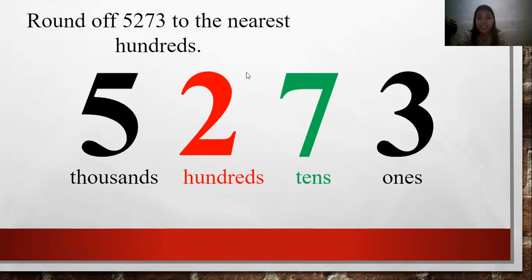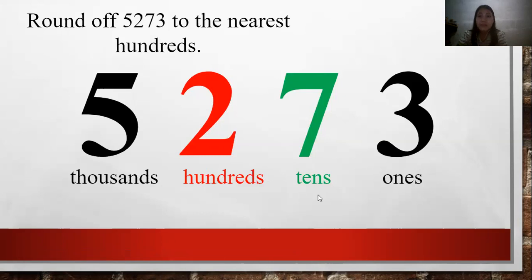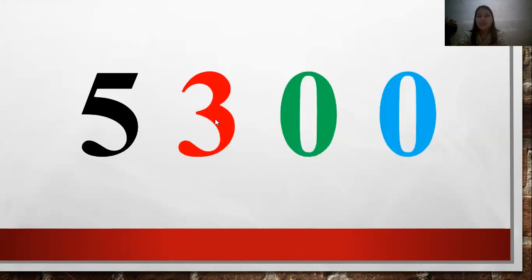Si 2 po kasi ang nasa hundreds place. Kaya si 2 po ang i-round off natin. And then, nung tinignan natin si right side ni 2, 5 to 9, mataas po si 7. Nasa 5 to 9 siya, sakop po siya. Kaya mag-a-add tayo ng 1 kay 2. Si 2 ay magiging 2 plus 1, magiging 3.